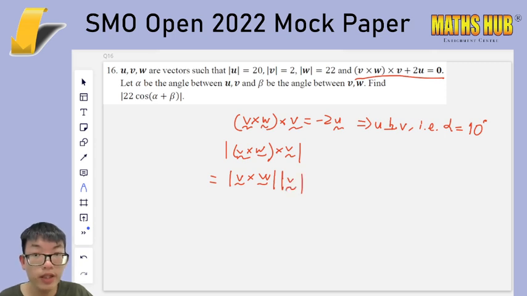This is useful because I already know the magnitude of V and W, and the cross product would further give me the sine of the angle between them, which is beta.